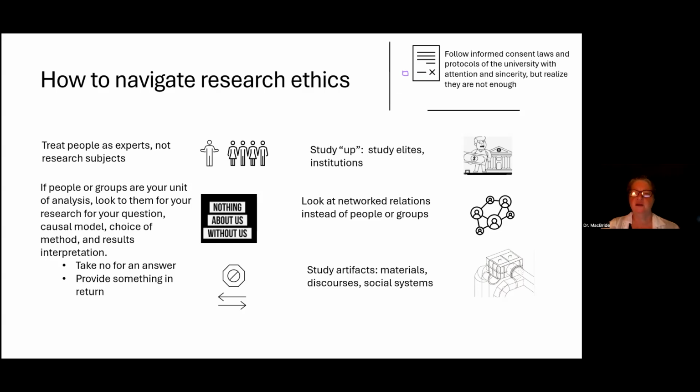And so once you've done these formal things, other things to keep in mind, and this is participatory research, this is action research, is where the research is much more collaborative. The researcher is not studying this group of people like, I'm the scientist, you're the research subjects. This researcher is talking to them about the design of the research project, about the causal analysis, about the research question and the methods.